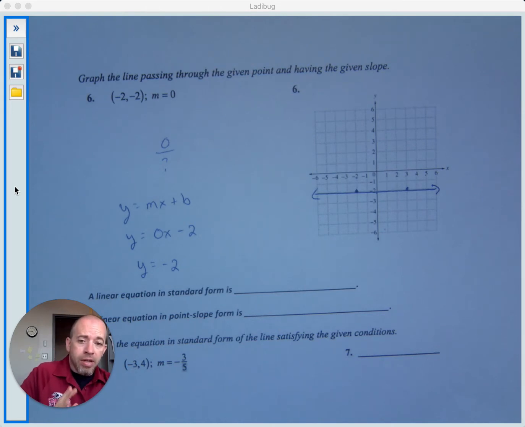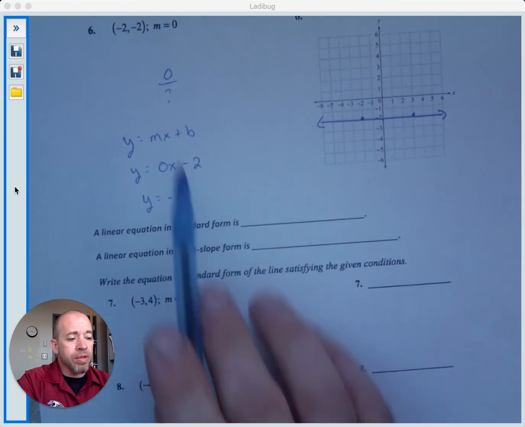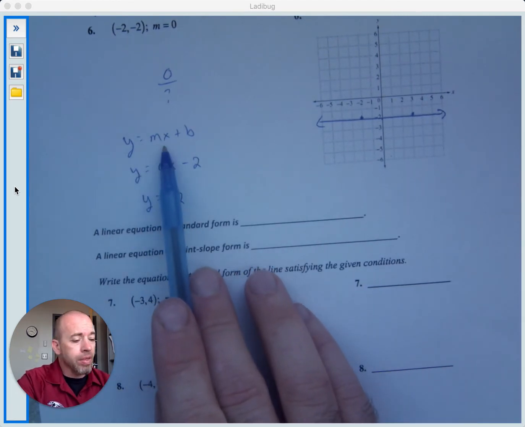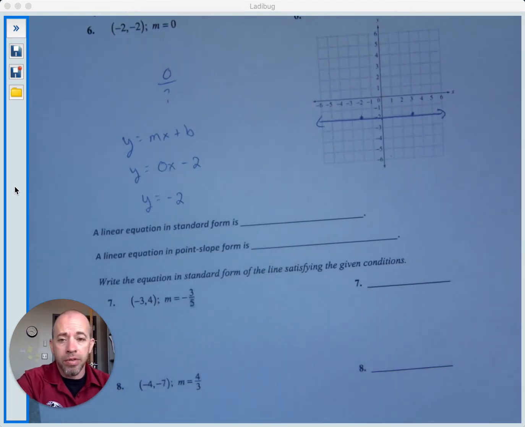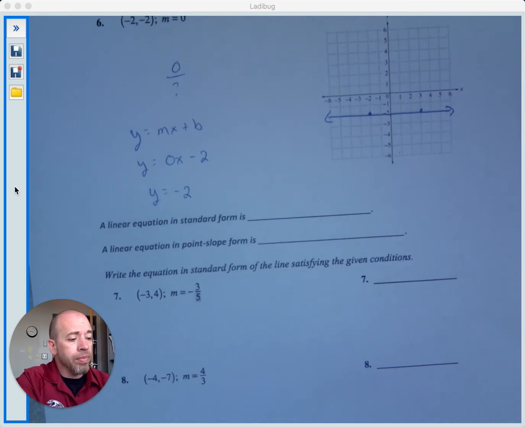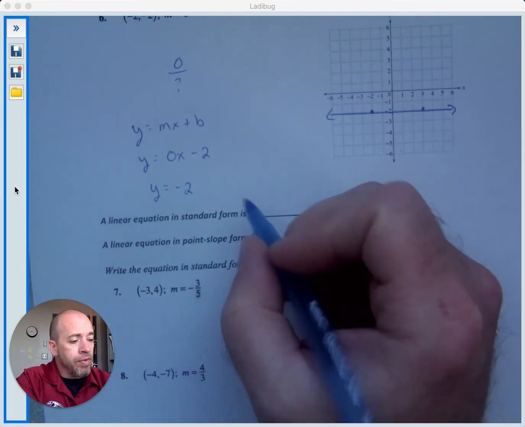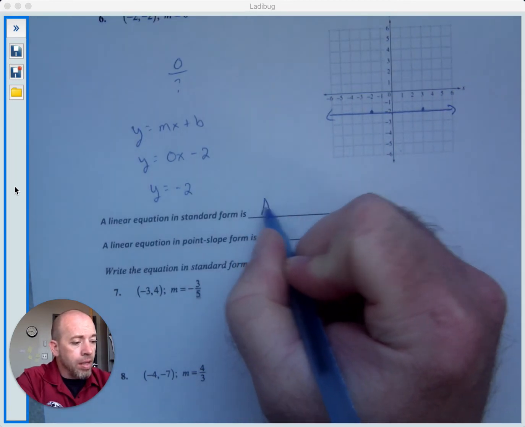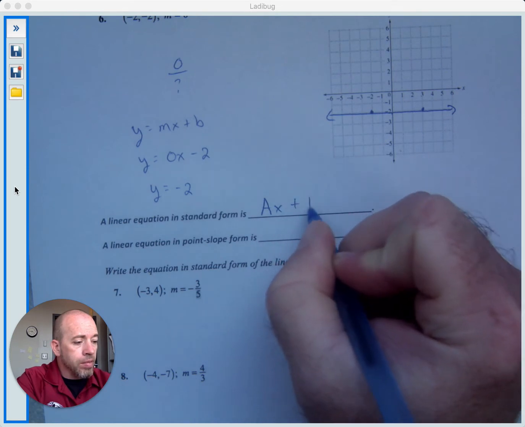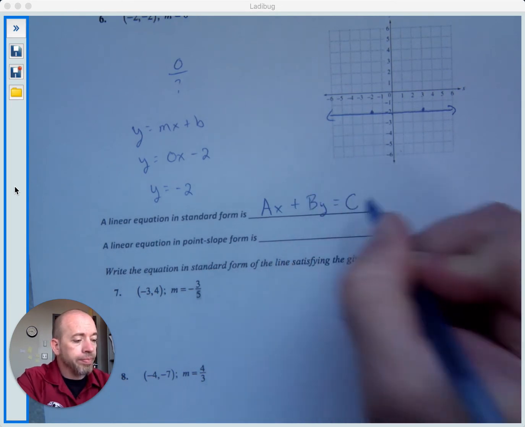Okay, so we have a couple other forms of equations of lines. You might like slope-intercept form, which is this guy, right? But we have a couple others that are useful in other ways. Standard form, which we've seen examples of already, has the form ax plus by equals c.